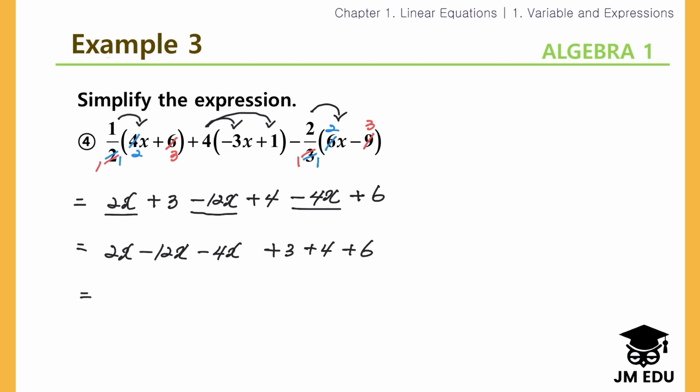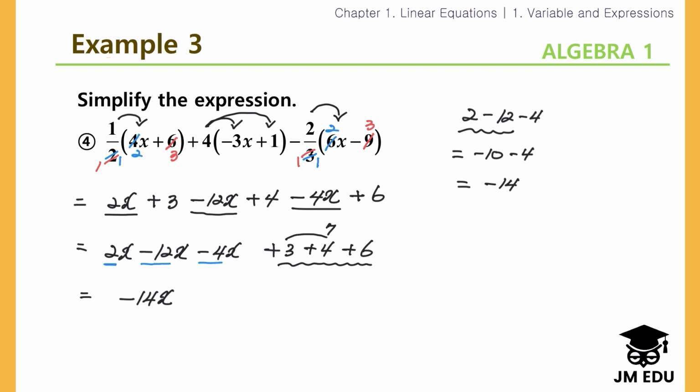So that's 2 minus 12 minus 4, right? 2 minus 12 minus 4, that's minus 10. Minus 4, that's going to be minus 14. So that's minus 14x. 3 plus 4 plus 6, that's 7. 7 plus 6, that's 13, right?